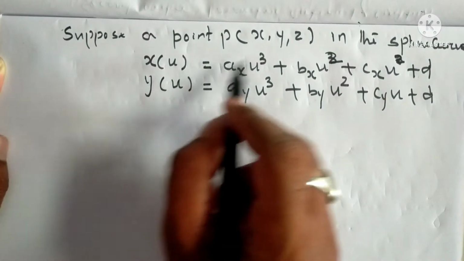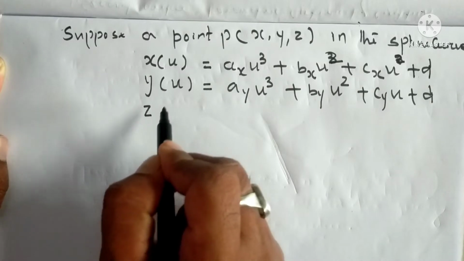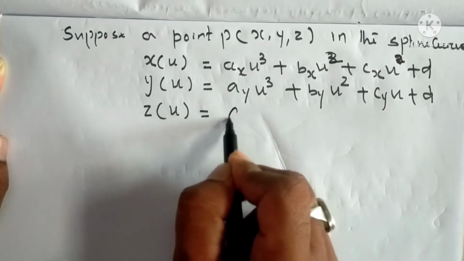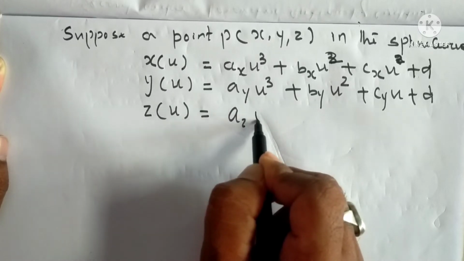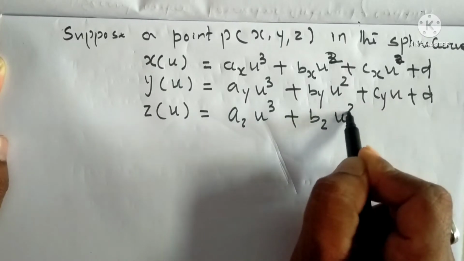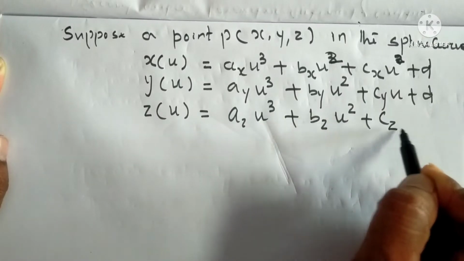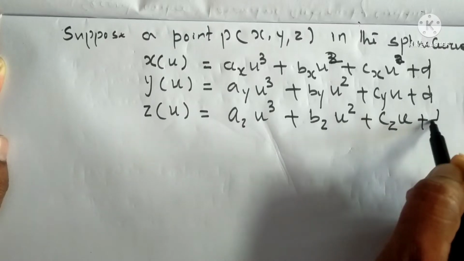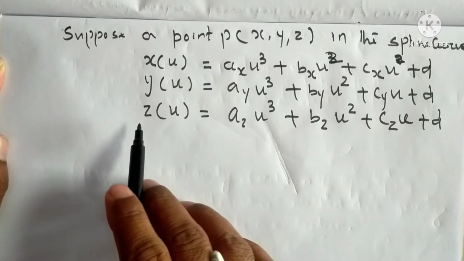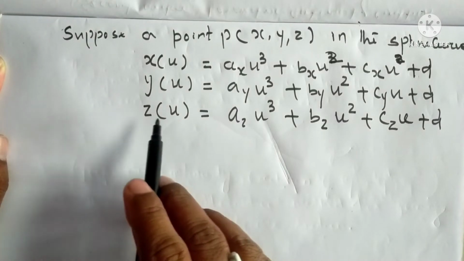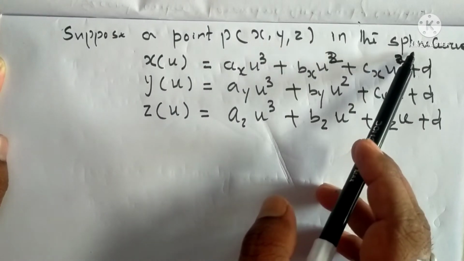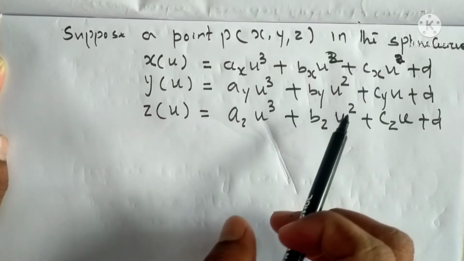Now, the z coordinate of the same point P can be written as z of u equals a z u to the power 3, b z u to the power 2 plus c z u plus d. So this is the way we have represented the x, y, z coordinates of a point P present in the spline curve using the parametric format.